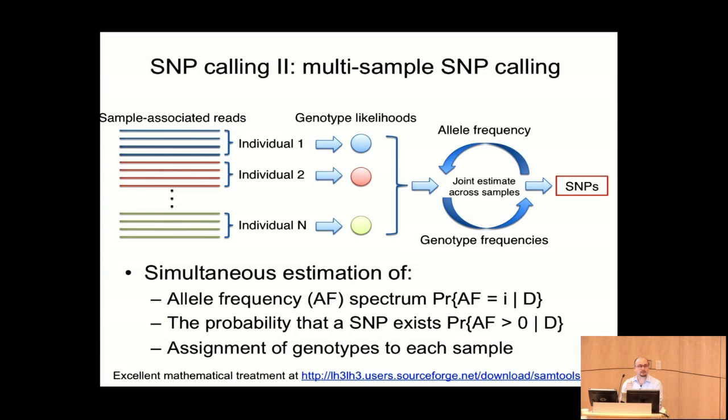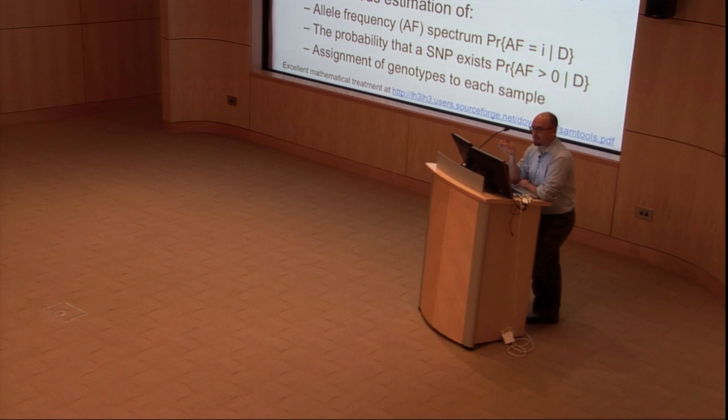That probability distribution over all the possible counts of that alternate allele is the allele frequency spectrum estimate, and the posterior estimate of the probability of the frequency being greater than 0 is really the quality score of a SNP call at that site.